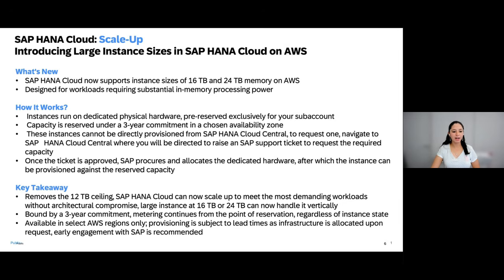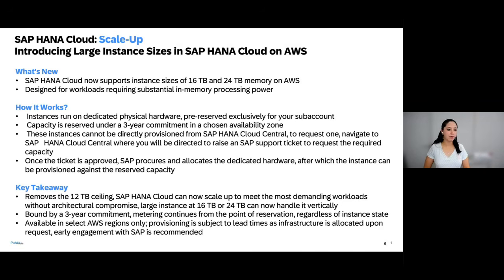Until now, customers with extremely demanding workloads could face a practical ceiling at 12 terabytes. With these new larger instance sizes, SAP HANA Cloud can scale further vertically, allowing more data and processing to be handled within a single instance. So this helps customers address high capacity scenarios without having to introduce architectural complexity or split workloads unnecessarily.